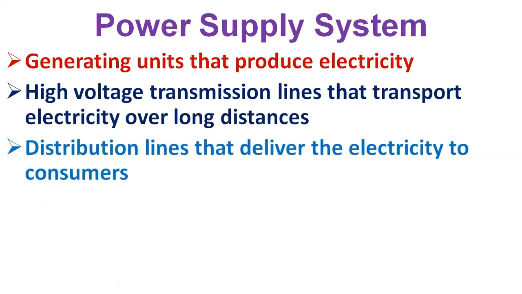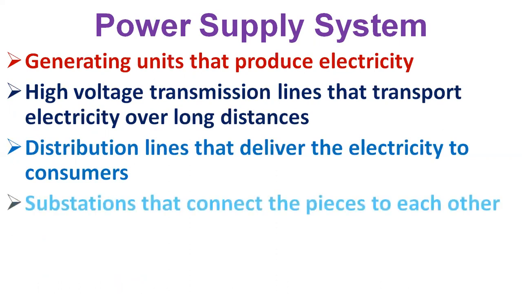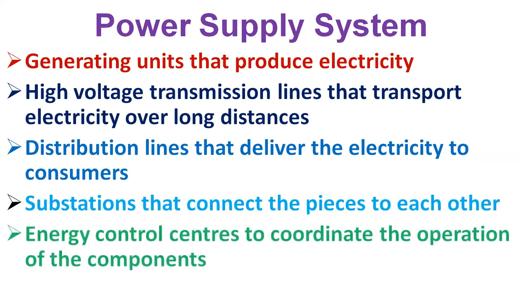The electric power system in a country comprises generating units that produce electricity, high voltage transmission lines that transport electricity over long distances, distribution lines that deliver the electricity to consumers, substations that connect the pieces to each other, and then energy control centers to coordinate the operation of the components.